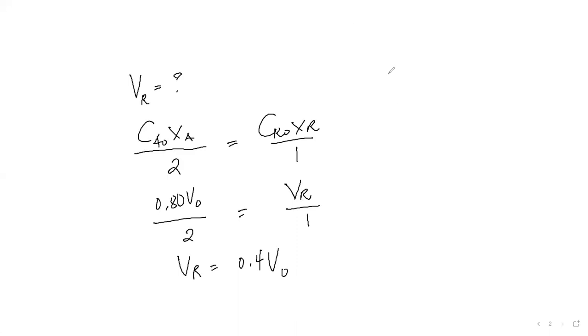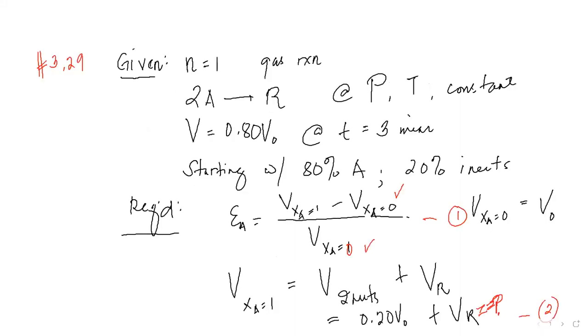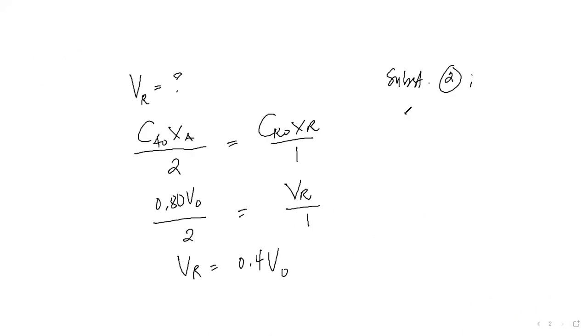Now you can substitute this to equation 2. In your equation 2, you have V at 100% conversion of A, which is equal to the inerts plus the volume due to the formation of R, 0.4.